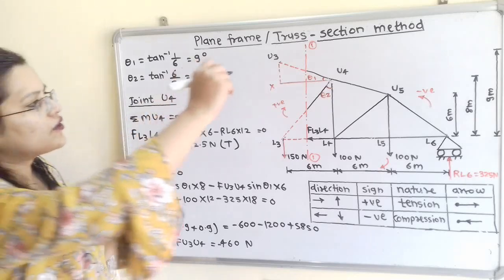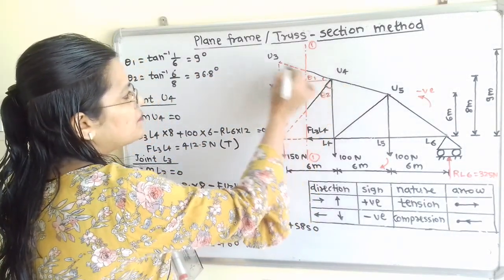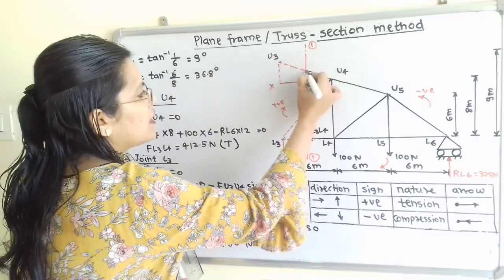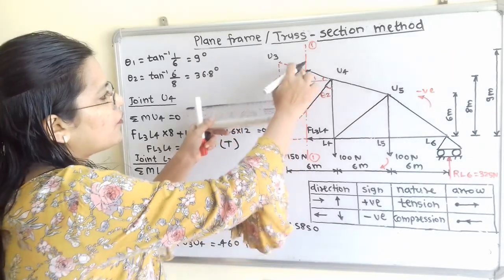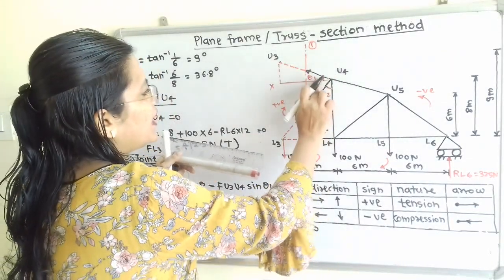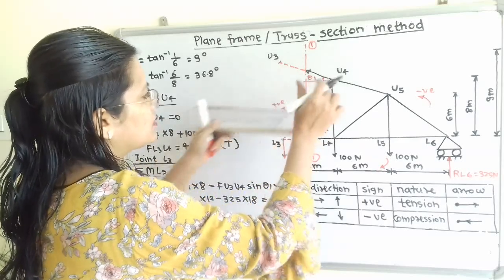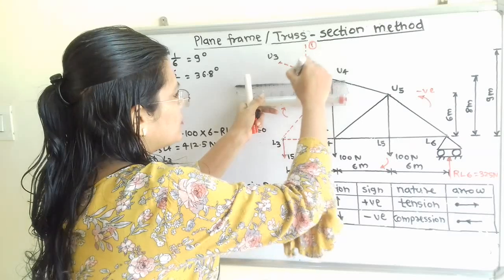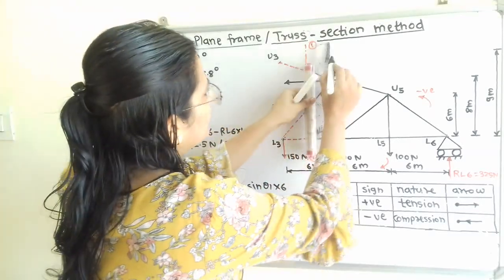Here also, from U4, the direction of force U4U3 is outward. I will resolve this inclined force into horizontal and vertical components. I will remove this construction and show the horizontal component here, and the vertical component here.